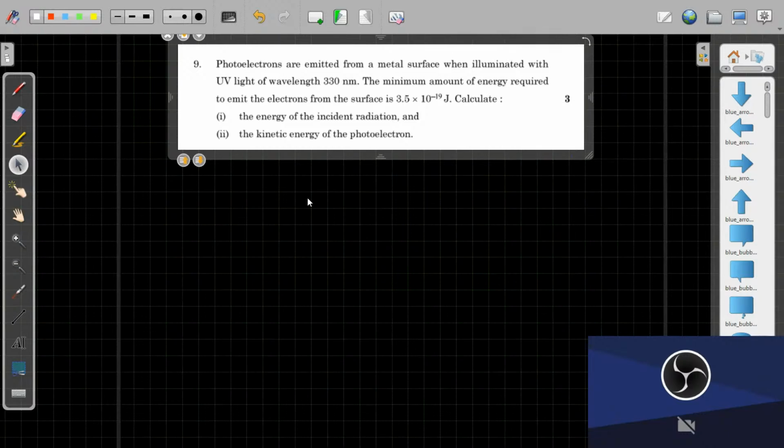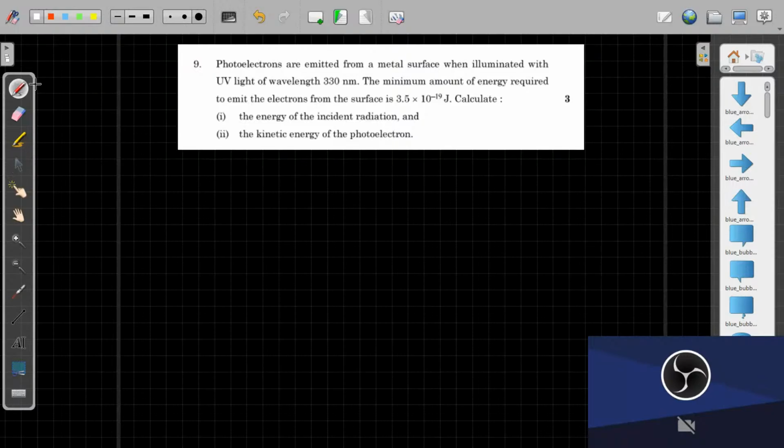It is again from the photoelectric equation. The minimum amount of energy required to emit the electrons from the surface is 3.5 into 10 to the power minus 19 joule. This kind of question you can always expect in every board exam, CBSE board, every year. So what is given? Let's see. You need to find the energy of the incident radiation.